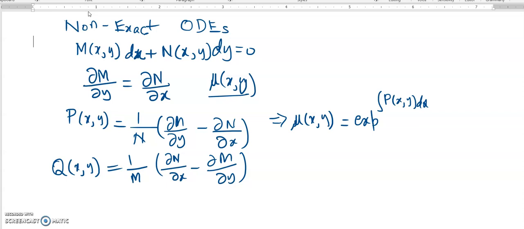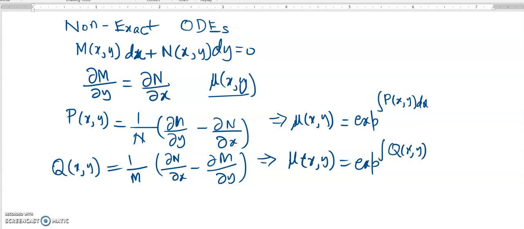In this case we get a function q, and in the same way we can find mu: mu of x, y equals e to the power of the integral of q(x, y) dx, or it can be either dx or dy. I just take dx here.